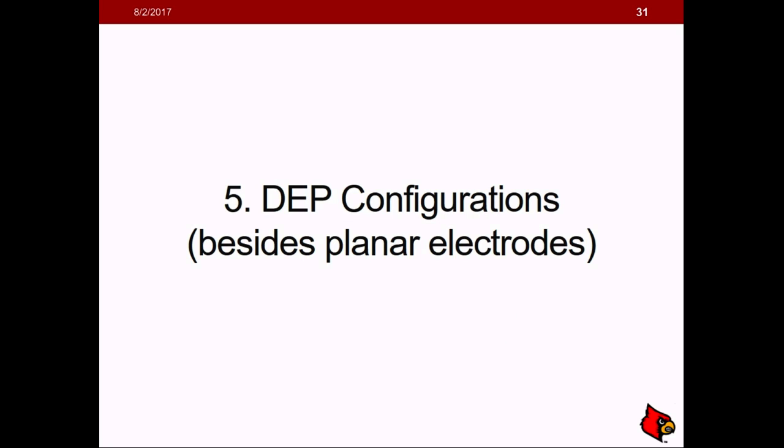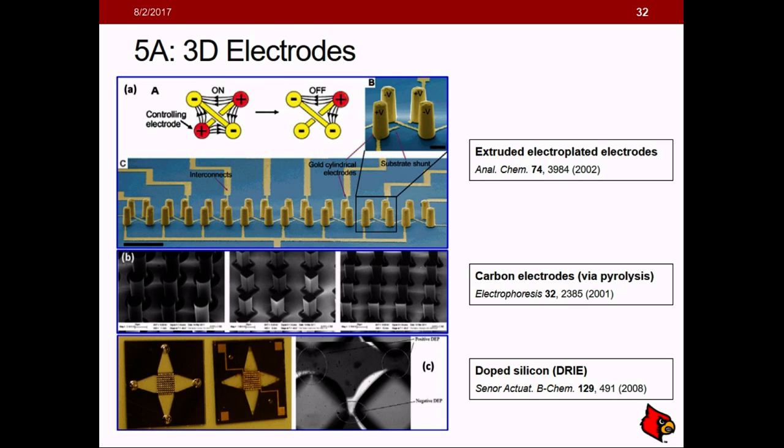So besides planar electrodes, which we've been focusing a lot on within this lecture, we are going to look at some other unique dielectrophoretic configurations. And you can see some of these throughout some well-written review articles by different authors. So one is making three-dimensional electrodes.